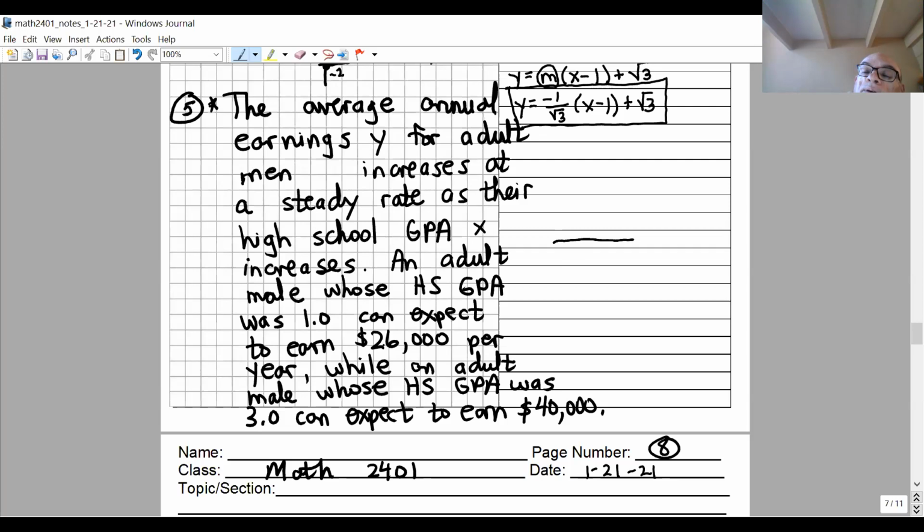If I can get my pen to work. This is going to be y, the salary, and this is going to be x. So you're right. As x increases, going left to right on the x-axis, as the GPA is increasing, the salary is increasing. That's true.